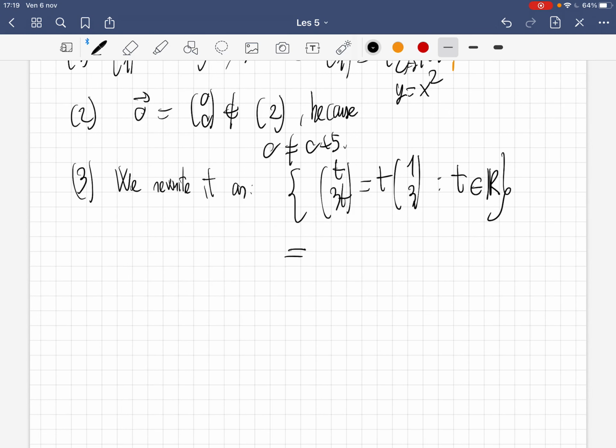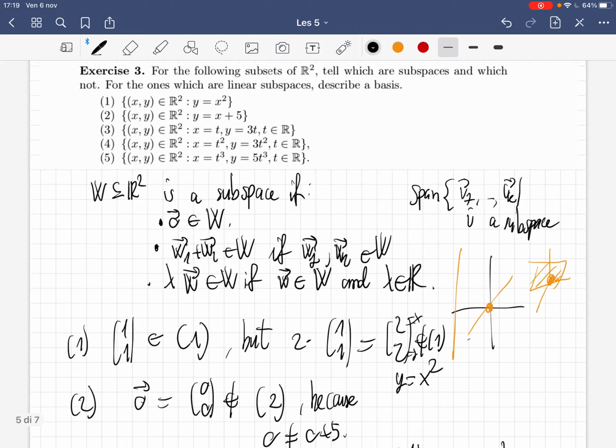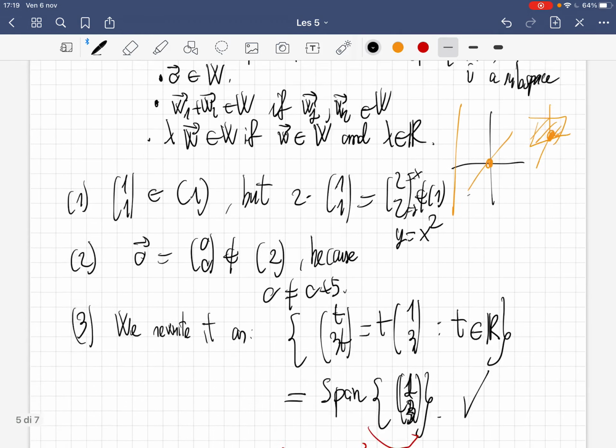So this is by definition the span of (1, 3). So it's a subspace. And what about a basis? Well, this is a basis. It's clear. It generates by definition, and it's independent, it's just one vector. Very good. One vector and it's not 0.